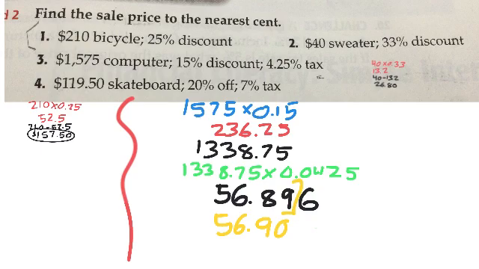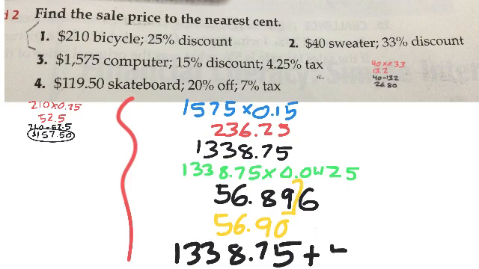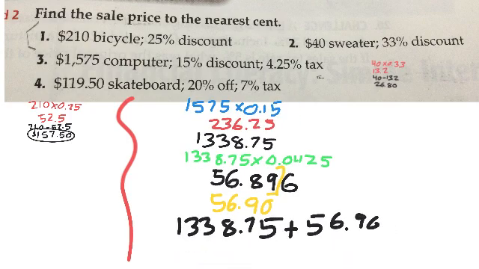So then what do we do? Then you add it. Correct. So you take the subtotal, 1338.75, and we're going to add 56.90. And that should give you 1395.65.